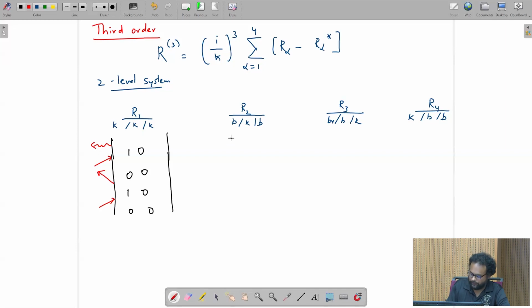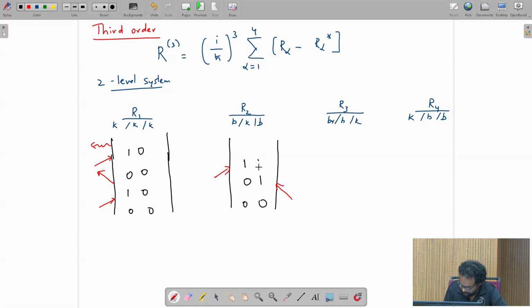Okay, let's do R2 quickly. Start from 0, 0. Has to be from bra. 0, 1, then a cat. Now I have a population, and another bra. I cannot go up more, so I do this.